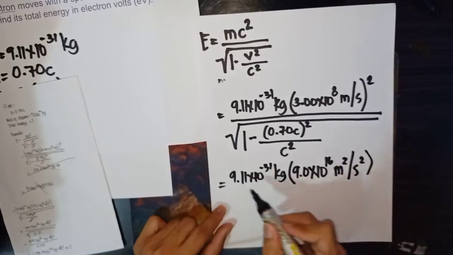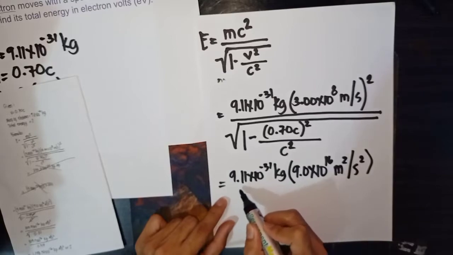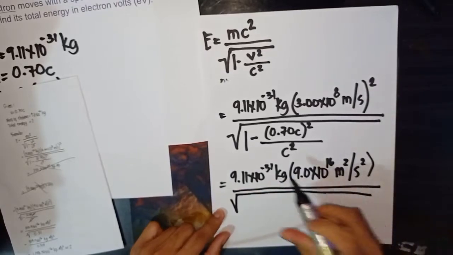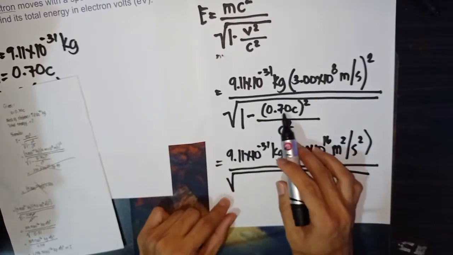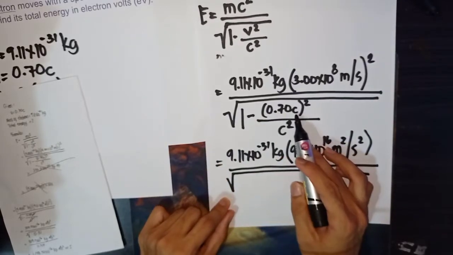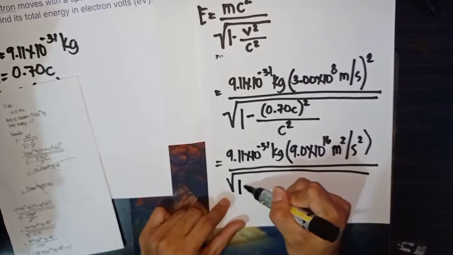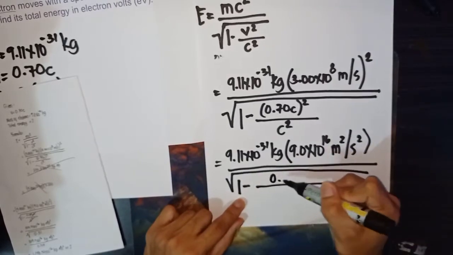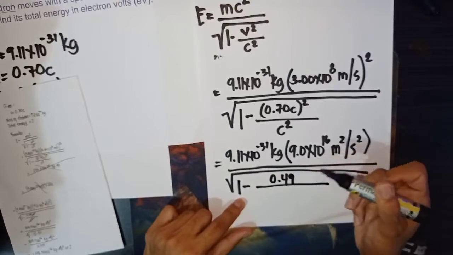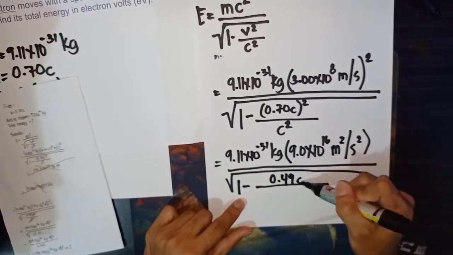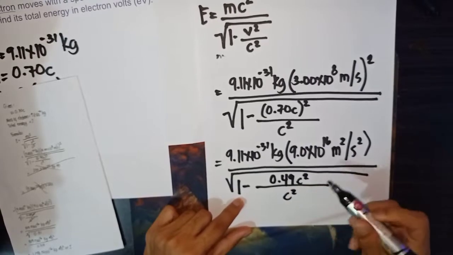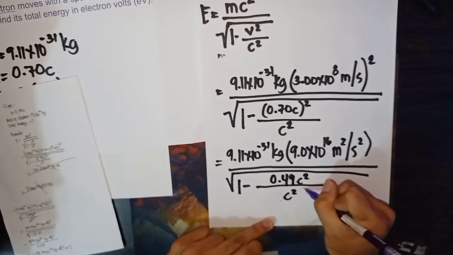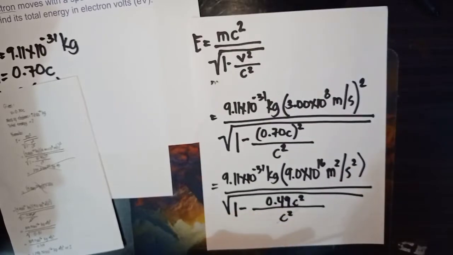Then we divide by the square root of 0.70c multiplied by itself, so we have 0.49, and c multiplied by c is c squared. So let's cancel out the c squared and c squared.